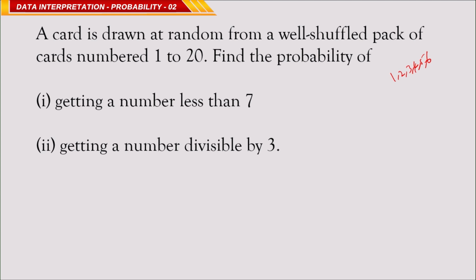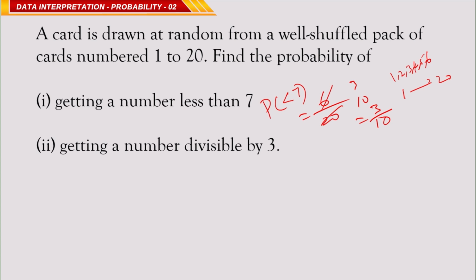What are the total outcomes? Total outcomes is 20, from 1 to 20. So, the probability of getting a number less than 7 is 6 by 20. We can say 2 3s, 2 10s, the probability of that event is 3 by 10, that is it.